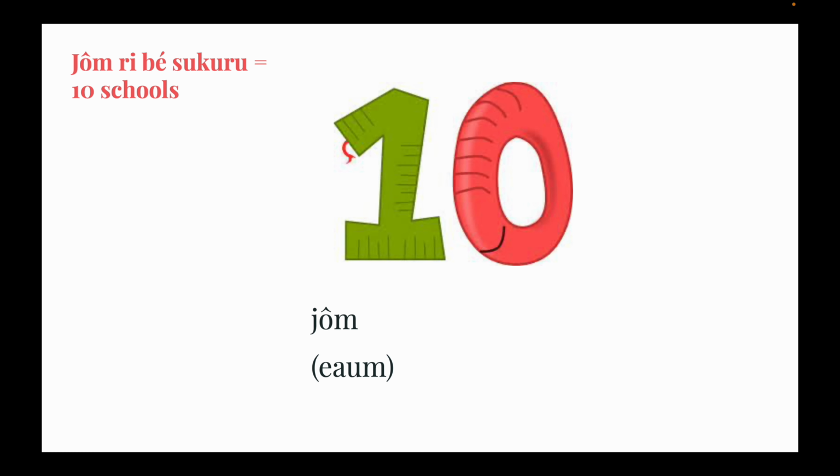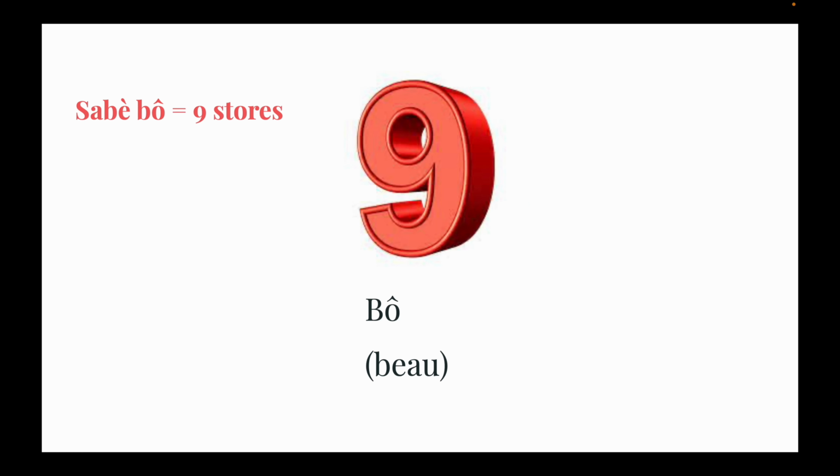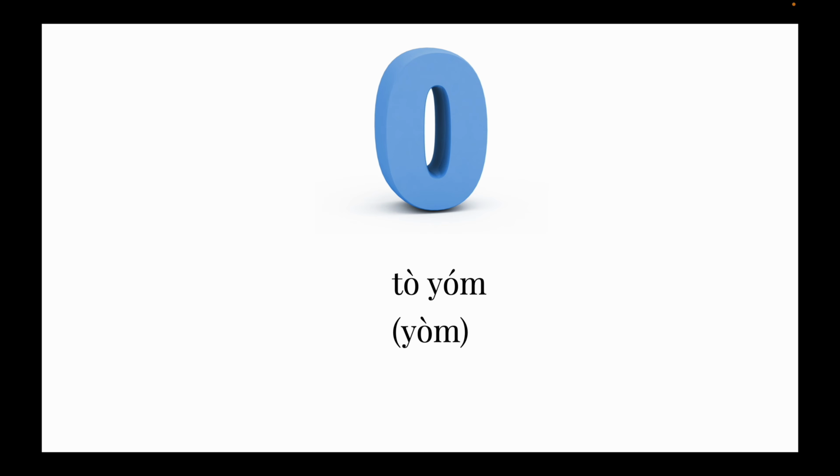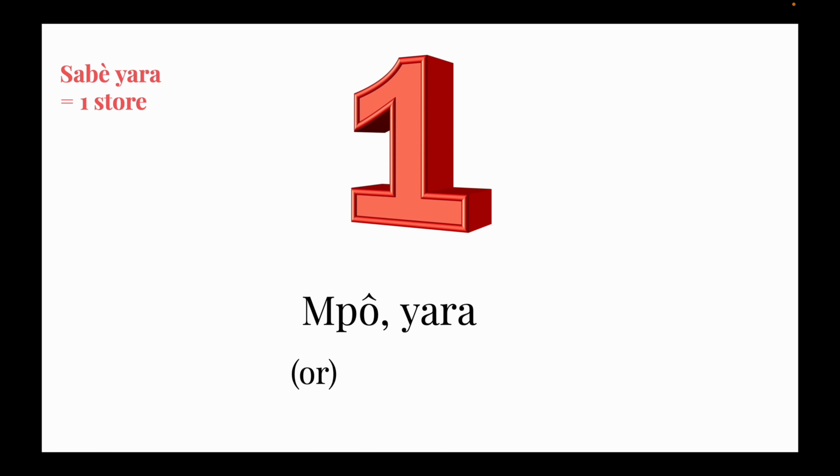Okay, now that is it. But before we go, let's go through it again and see if you guys remember, okay? All right. So 0, toyom. 1, mpo or yara.